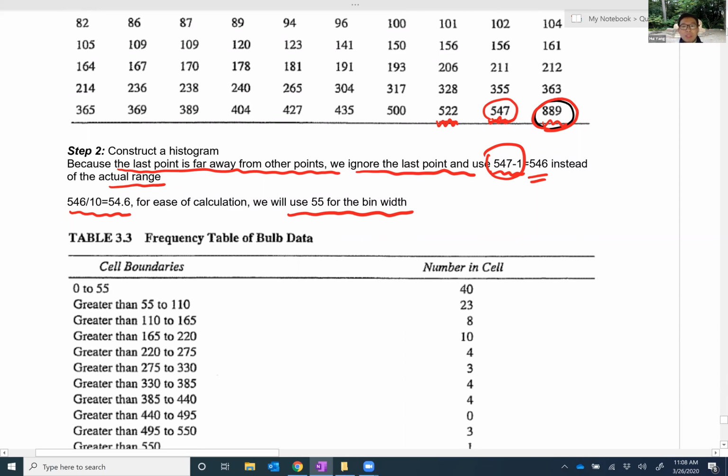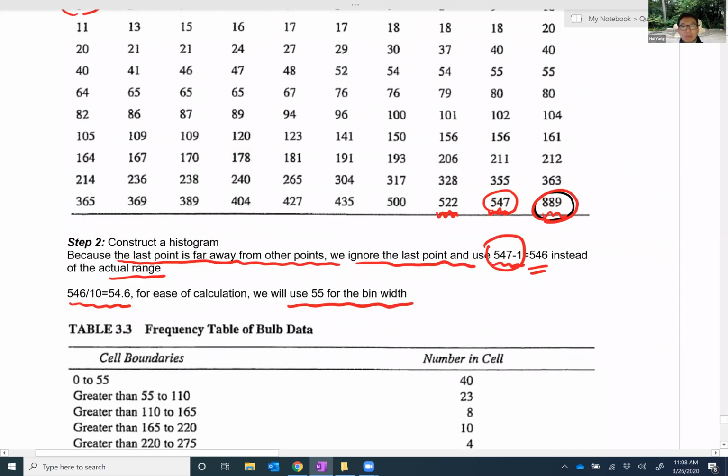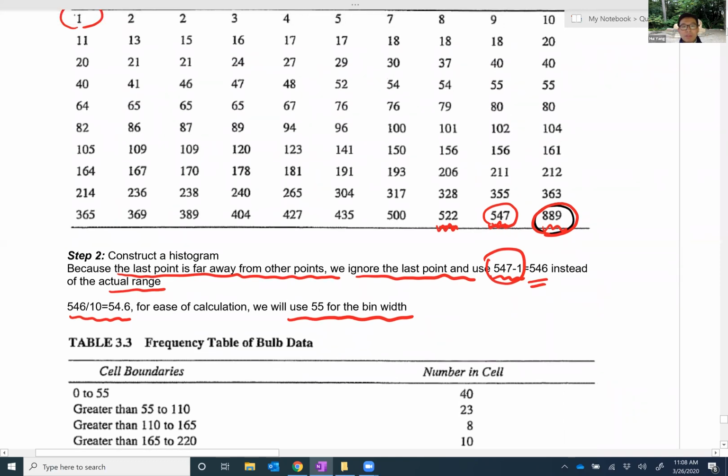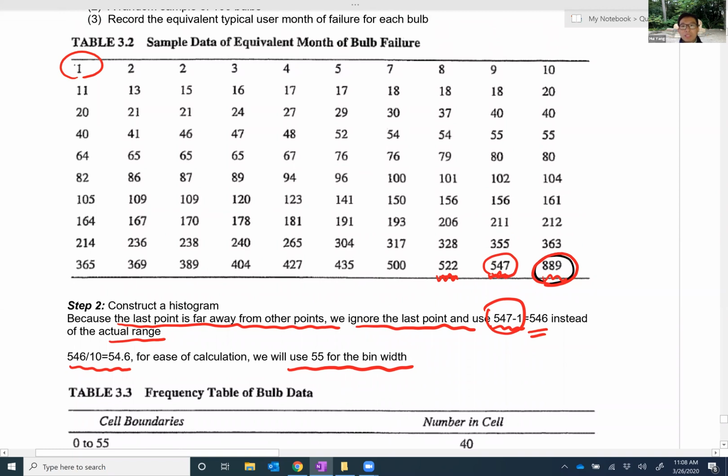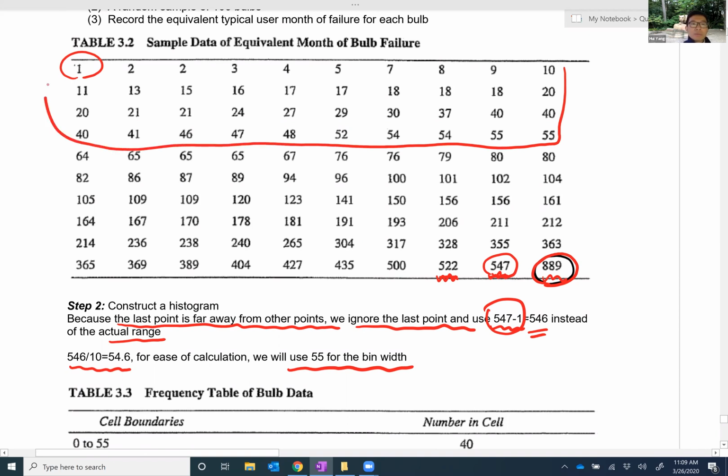Then we put the number of failures, how many of them fail between 0 to 55. 55, this is 40. 40 is about here, right? So this group is from 0 to 55; obviously, we included 55 over here.